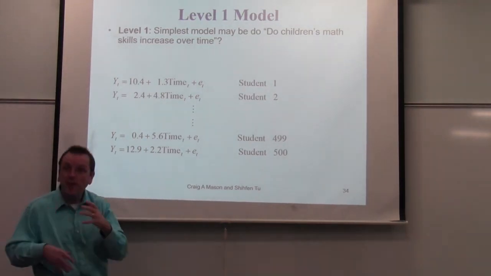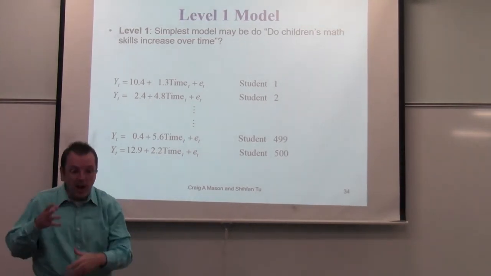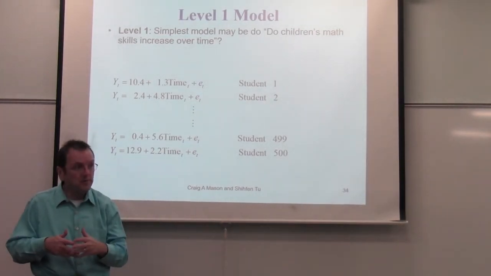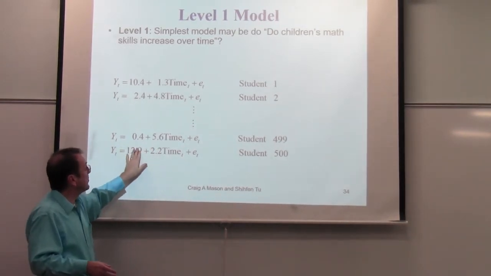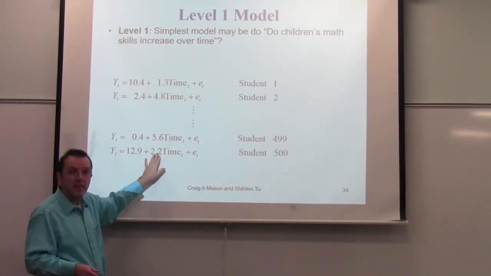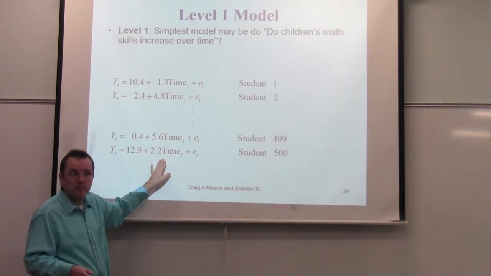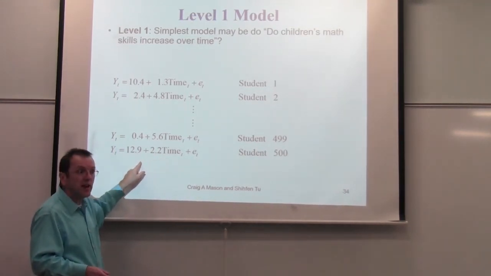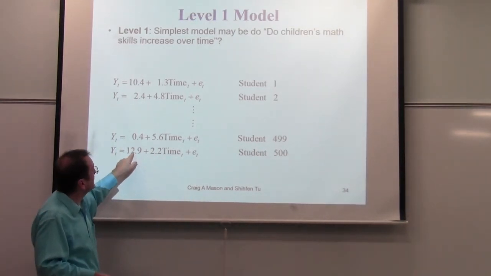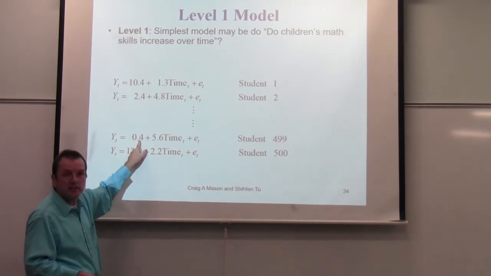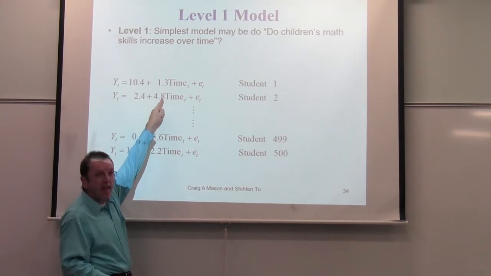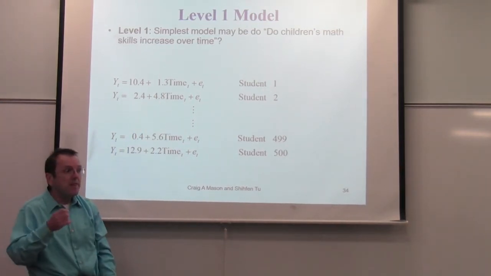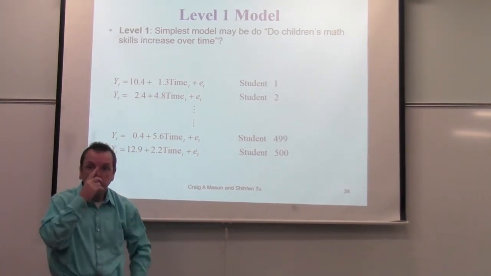So there's a lot of variability in the intercepts and in the slopes. Our next step is to understand that variability. I want to understand why this kid's intercept is so much higher than that kid's. Why is this kid's slope so much higher than that kid's slope? That's going to become our focus.